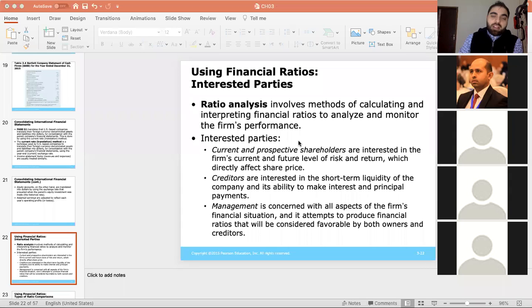So let us now start speaking about the financial ratios and what we mean by financial ratios or financial analysis. In the last lectures, and in different modules or courses that you have taken, you learned a lot about different financial statements, such as the balance sheet statement, the income statement, and the cash flow statement.